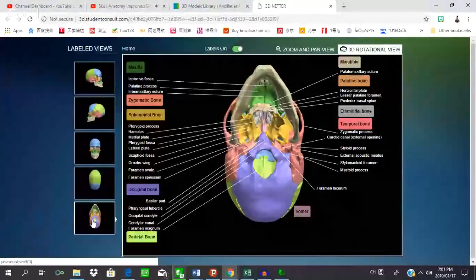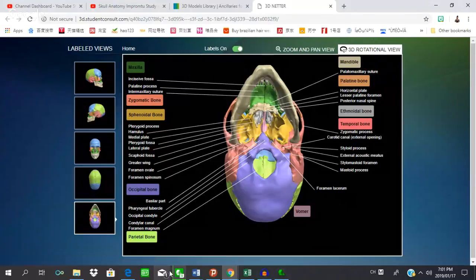Now you're looking at the turned view of the lower part of the whole skull, looking from underneath. Starting off, as you can see, the occipital bone in this area.